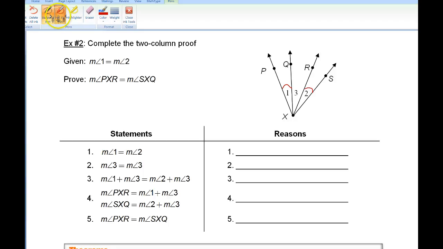Sometimes if you want to use a highlighter or something, you can also see. So this is the one angle, and then I want this one to be the other angle. Okay? The one I highlighted in red and the other one's in purple. So notice they overlap and they share angle 3.